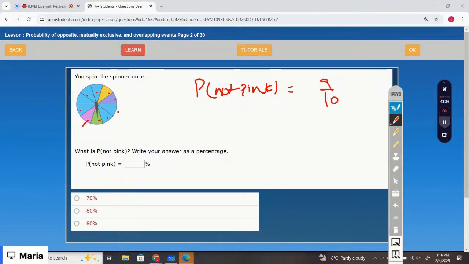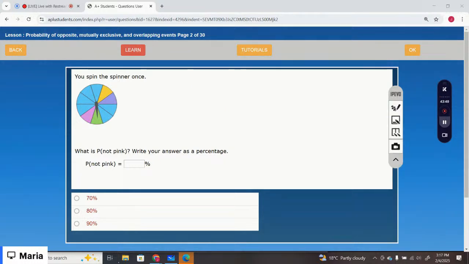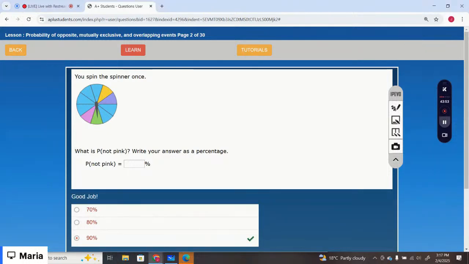The correct option is 90%. Option number 3 is the correct option. 90% it is.